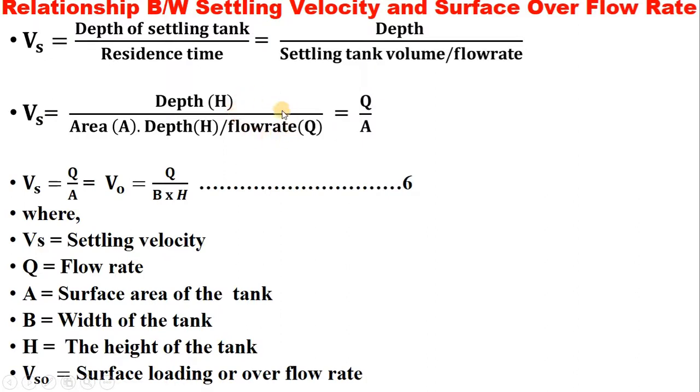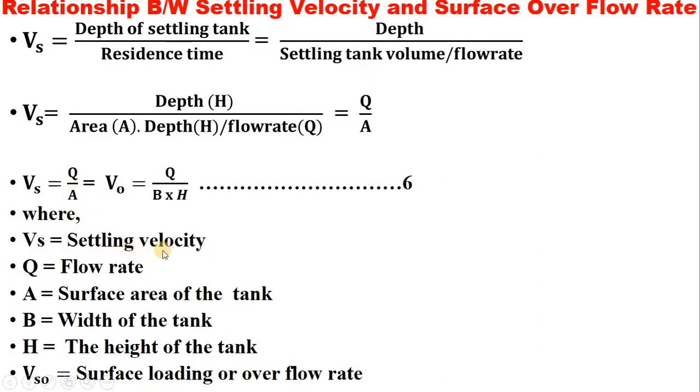When you invert it, you are going to have flow rate all over the surface area. So it implies that the settling velocity is equal to the flow rate divided by the cross-section area or the surface area, which is at the same time equal to the horizontal flow velocity, V0, which is equal to the flow rate all over the width times height, where this width times height is the same thing as the surface area of the tank.